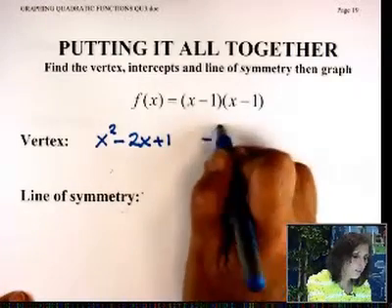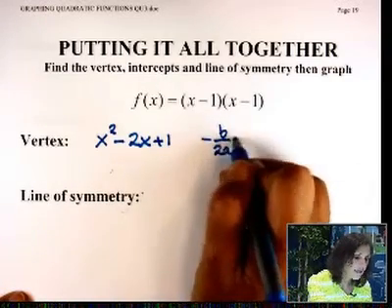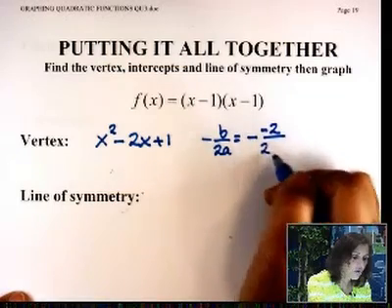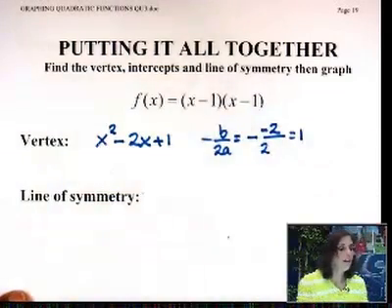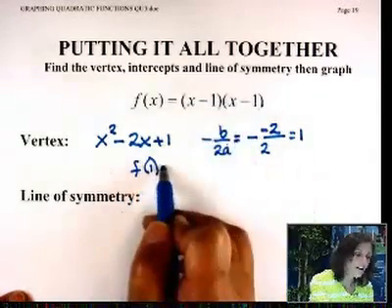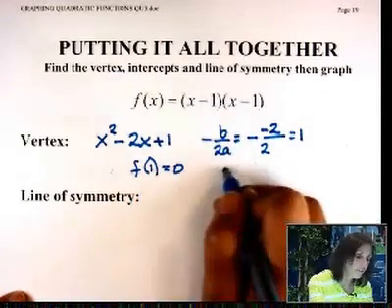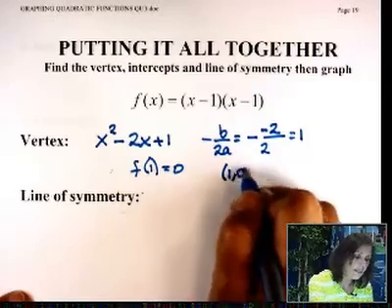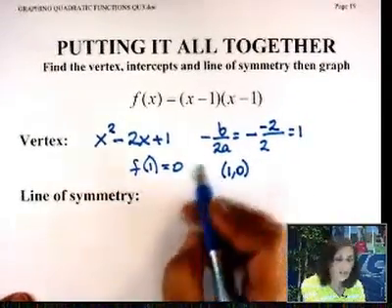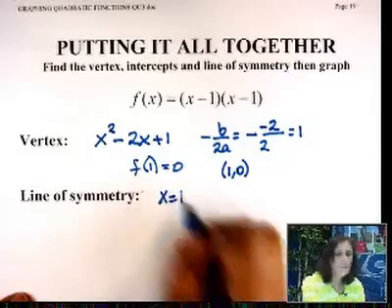Negative b over 2a is negative b, which is negative 2, over 2a, which is 2. So that will give me 1. And then f of 1 is, put 1 in there, 0. My vertex is going to be (1, 0). Line of symmetry, x-coordinate of my vertex, so that's going to be x equals 1.